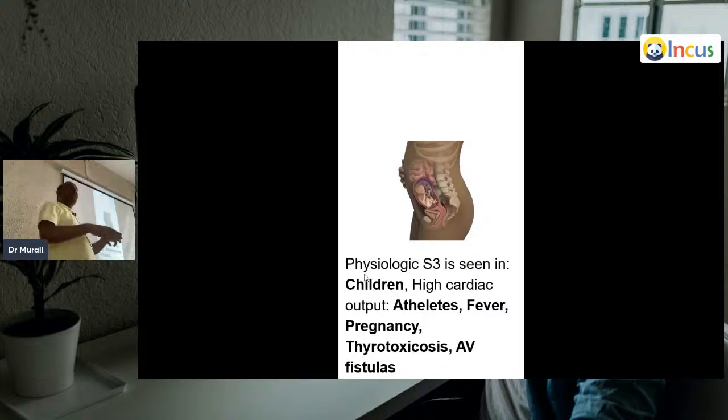The amount of the blood reaching the heart itself is increased. And even though the heart did not fail, it pumped, still at the end of the pumping, a stagnant pool is left in the ventricle because of the very high volume of the plasma. And that is the reason when the blood jumps, it makes sound. So physiologically only you may find S3 in pregnancy. Got it?